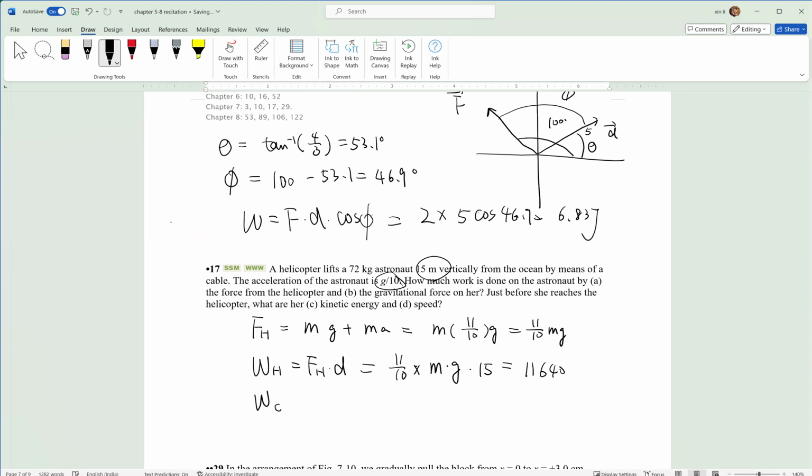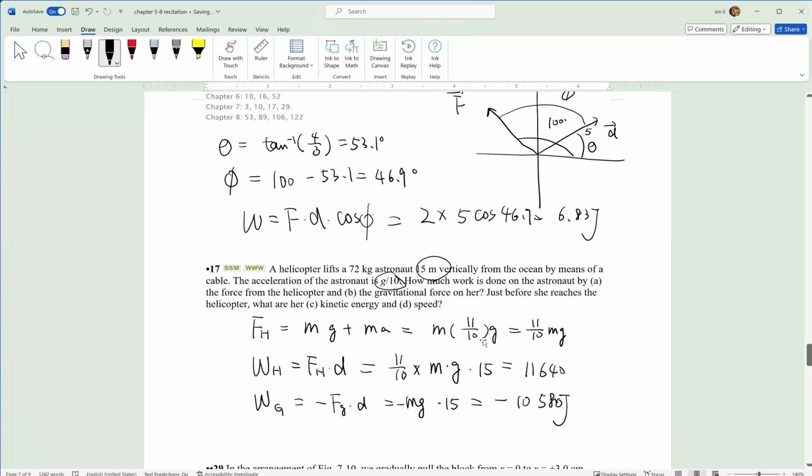But your gravitational work will be equal to negative Fg times d, which is negative mg times 15, and then you are going to get negative 10,580 joules.